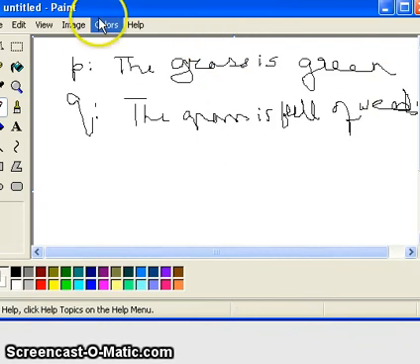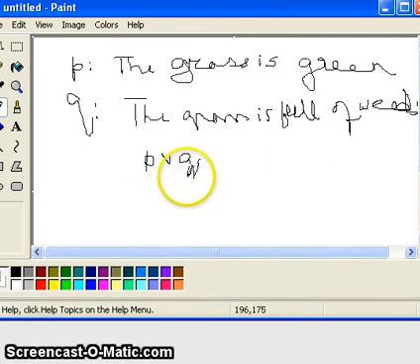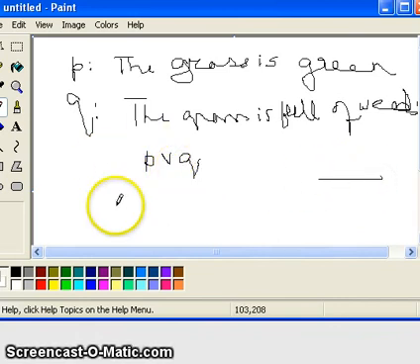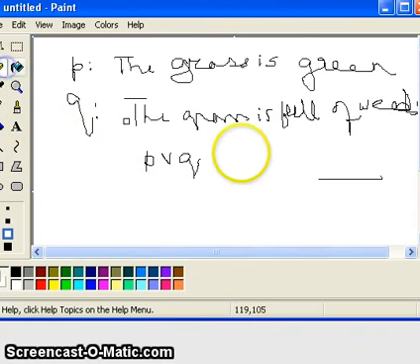Now let's write this in symbolic form. Remember, the original problem said the grass is green or the grass is full of weed. So this is how you should write it in symbolic form: P, then the union symbol, the V in between, which represents or, then Q, the grass is full of weed.